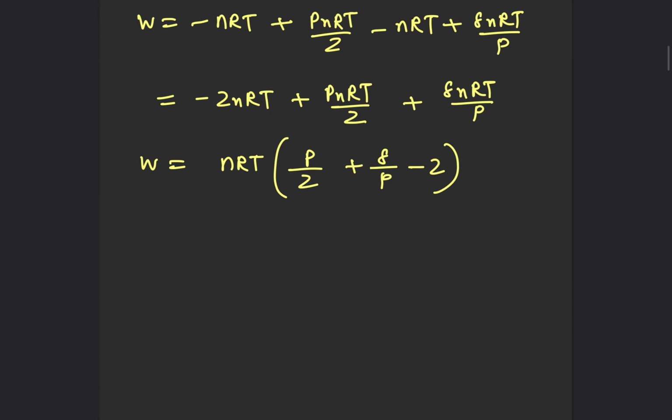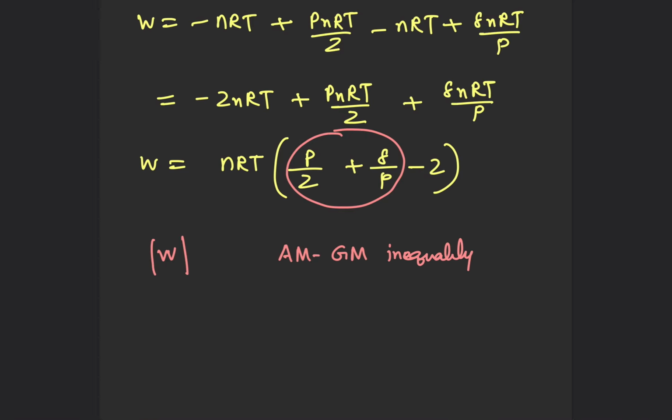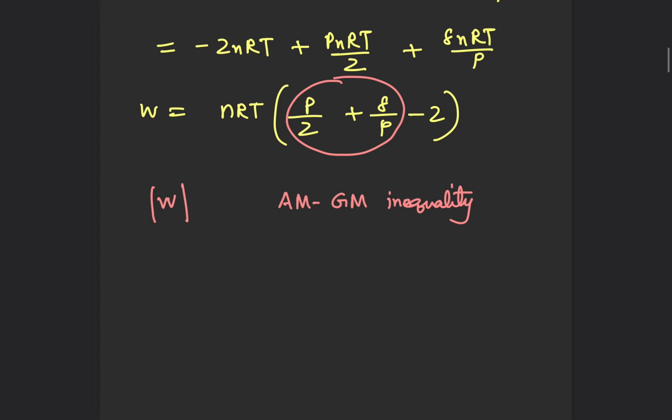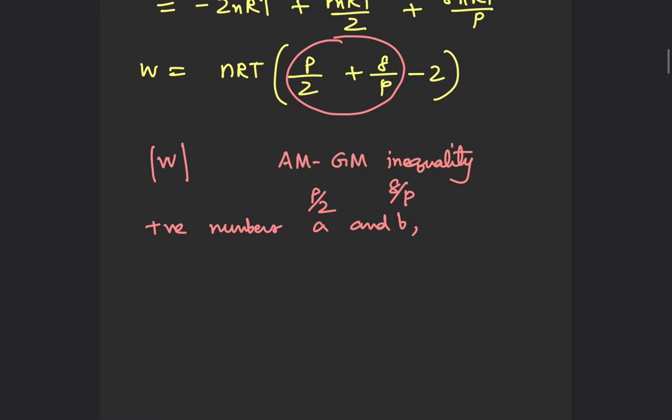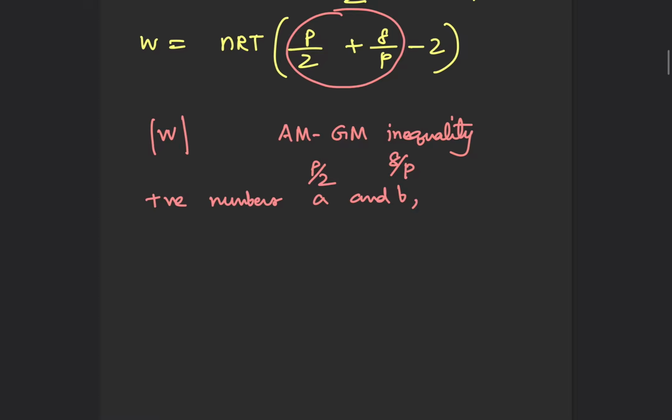Okay, to find the minimum value of magnitude of work done, we have to know the minimum value of P by 2 plus 8 by P. That is this. Okay, for that we can use the arithmetic mean geometric mean inequality. It is the AM GM inequality, which states that for positive numbers A and B, in our case A is P by 2 and B is 8 by P, the arithmetic mean is always greater than or equal to the geometric mean.